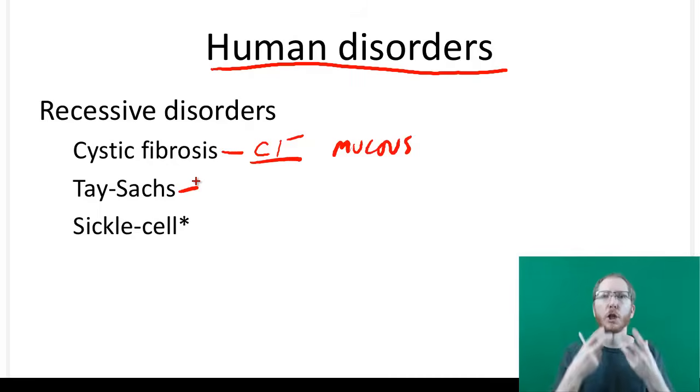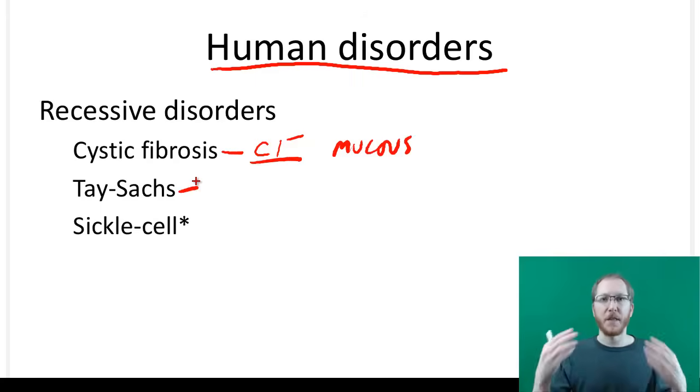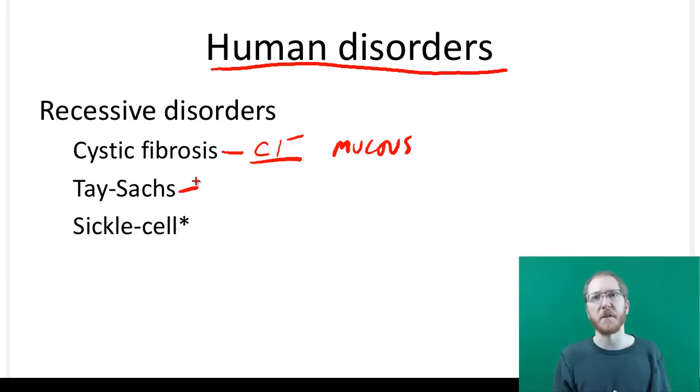They'll be balding, they'll look older even at a young age, and they end up dying from it after a pretty rough process where they deteriorate as the toxins build up. I believe they usually die around age 4. This is a very rough disease because it kills a child, and it's a very prolonged process where they gradually get worse and worse. So it's not something that's very fun.